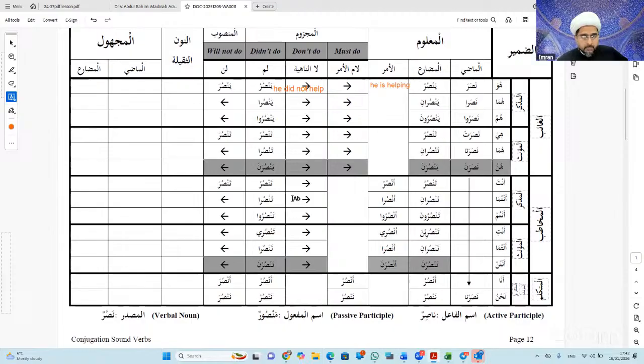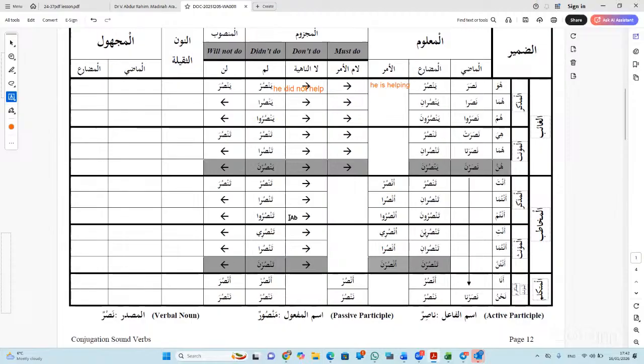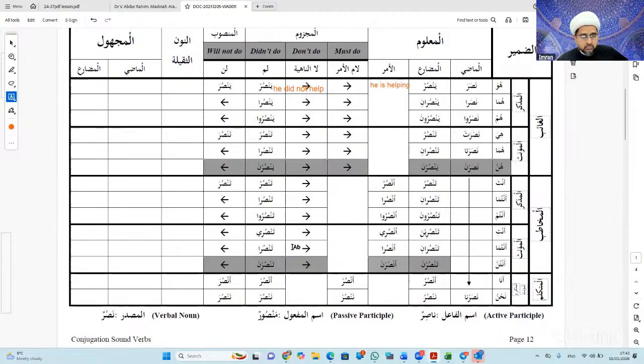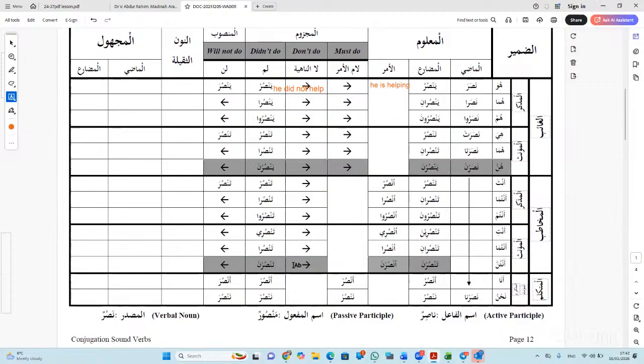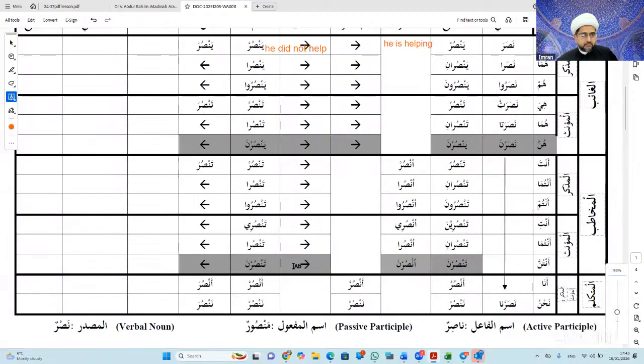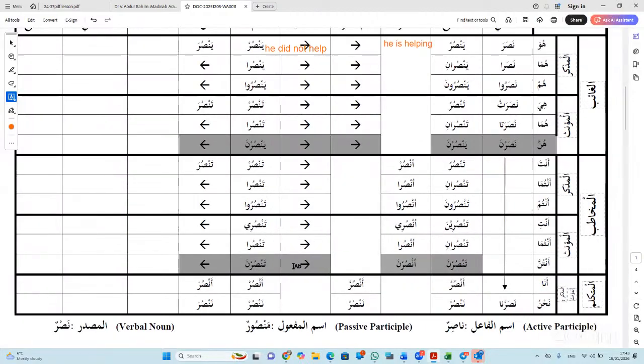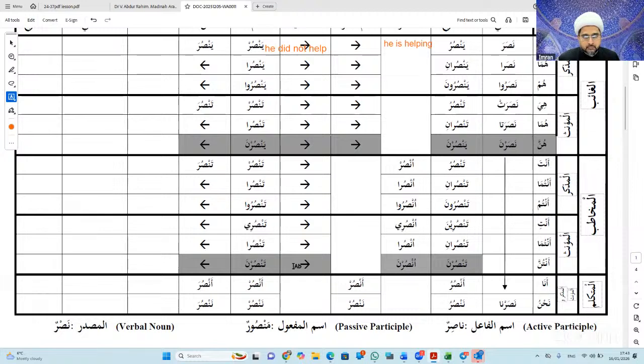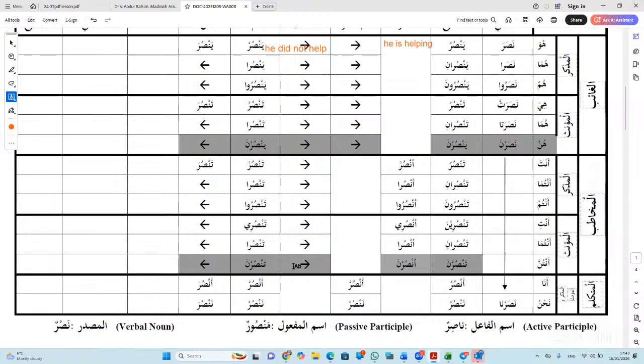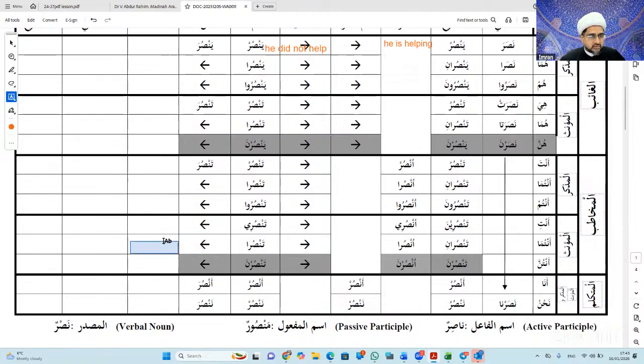Lam tansura. Lam tansuru. Excellent. Lam tansuri. Excellent. Lam tansura. Lam tansurna. Lam ansur. Lam nansur. Excellent. Brilliant.